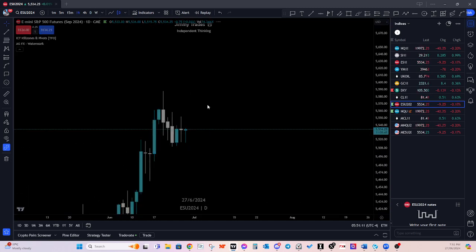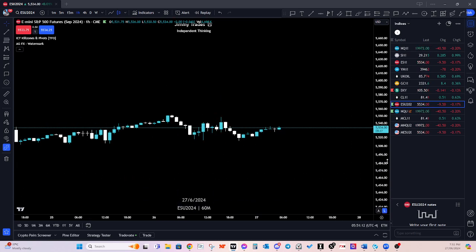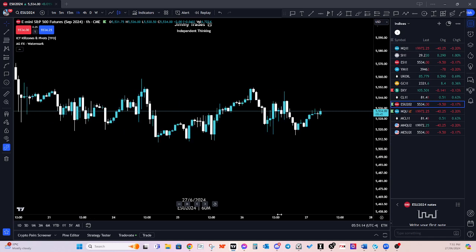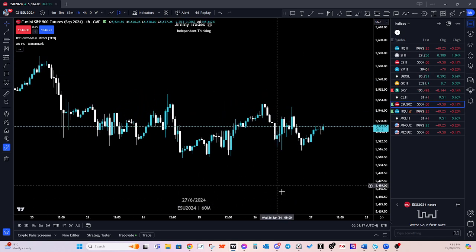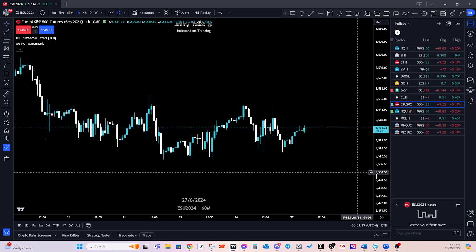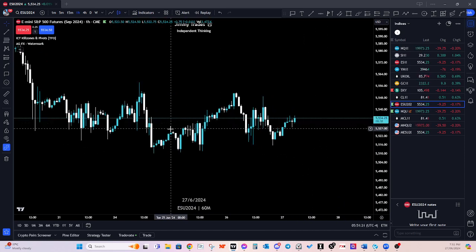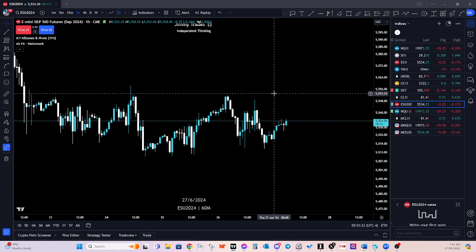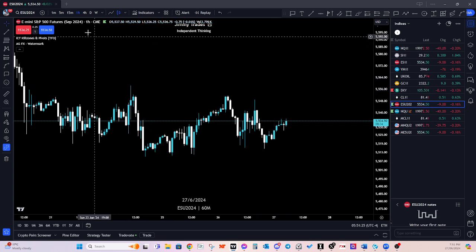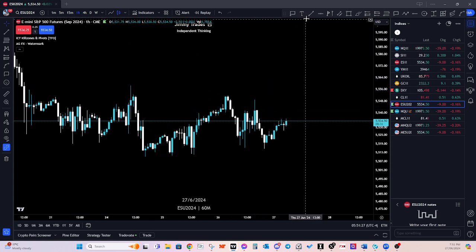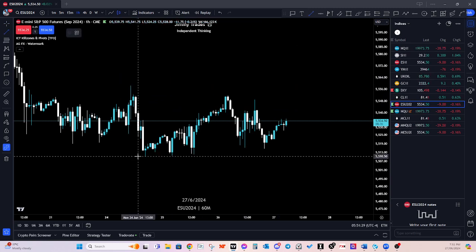Let's drop down to the hourly. ES has been a little bit more sluggish in price movement compared to NQ. What I am drawn to is actually these relative equal lows here.